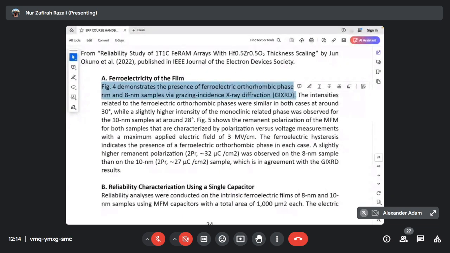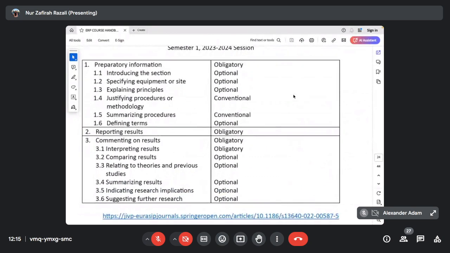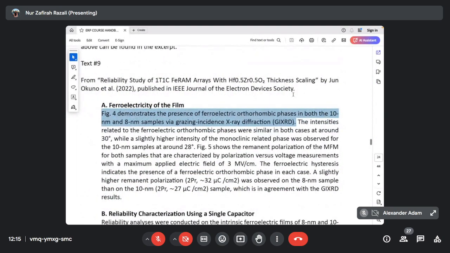No. Why is it move one? Mainly because the keyword demonstrates, that indicates introduction.